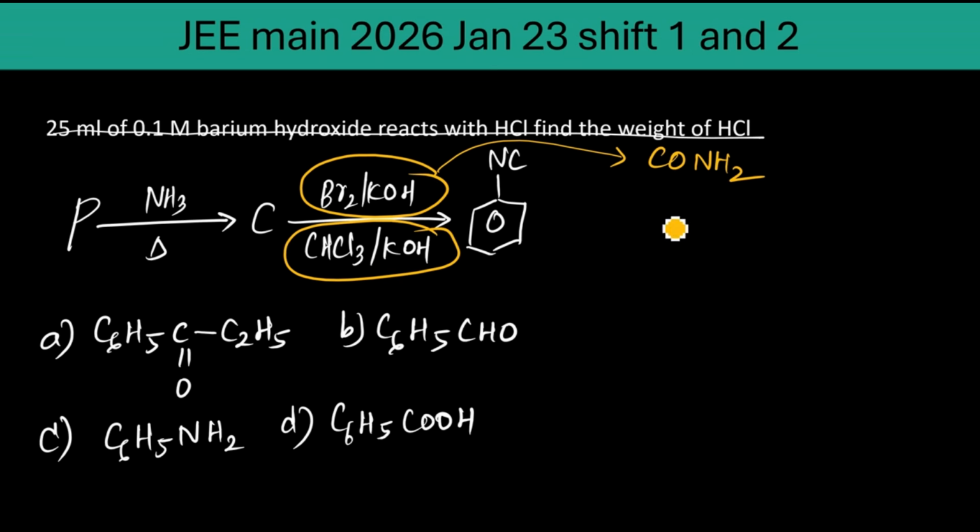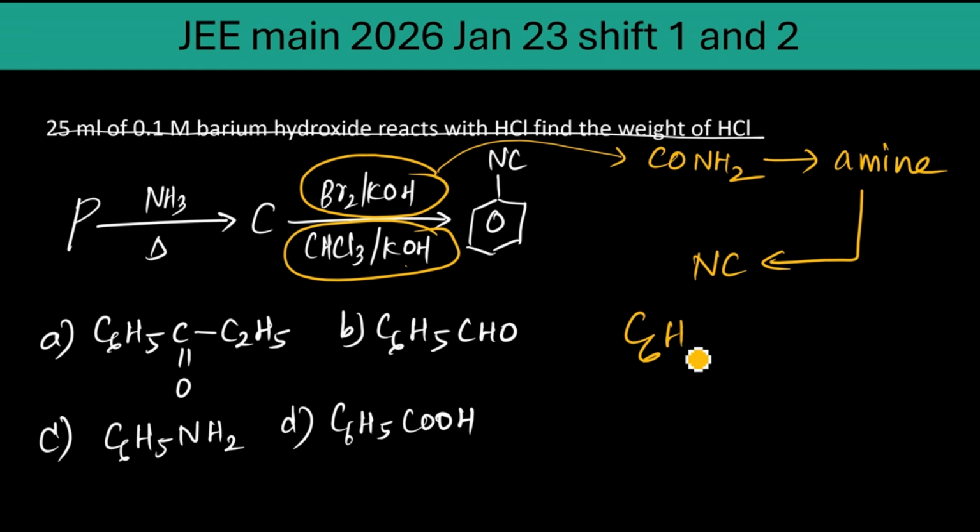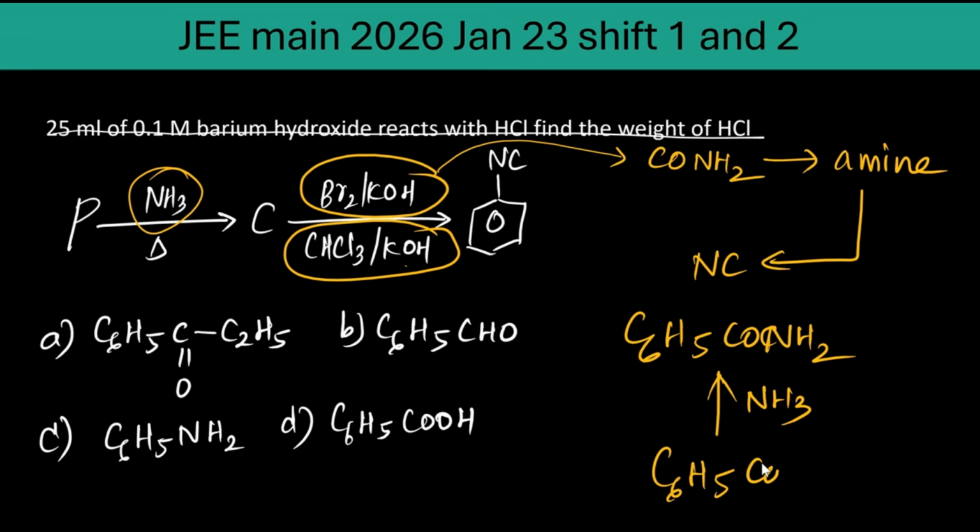And this one is an amine. The second one is amine to NC, isocyanide, right? So C needs to be N. C6H5CONH2, from there NH3. So there must be a carboxylic acid.